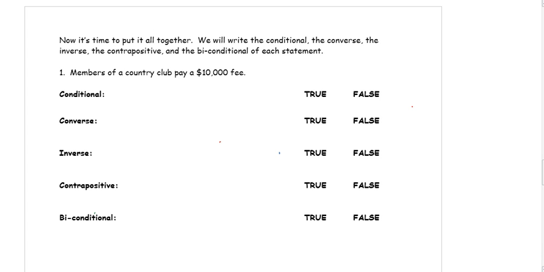If you look at this example, it says members of a country club pay a $10,000 fee. Okay. Anytime you get a statement like this, you're always going to assume the conditional is true.